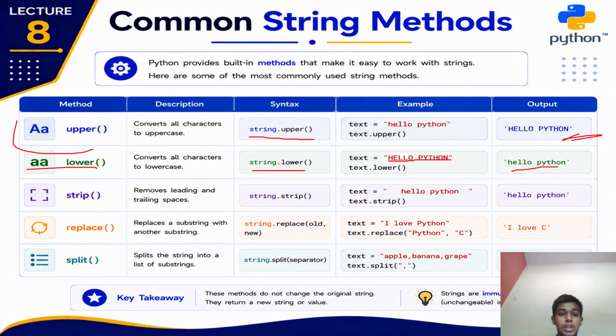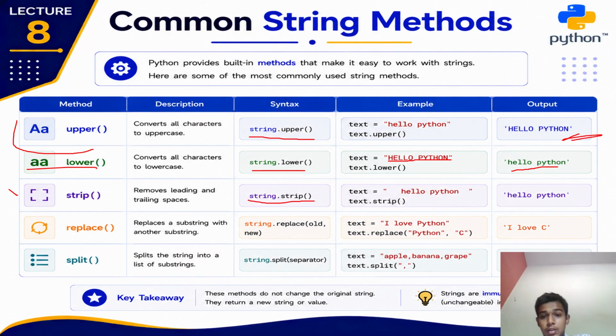The third one is the strip method. Sometimes a string contains extra spaces at the beginning or at the end. The strip method removes these unwanted spaces. Here is the syntax.